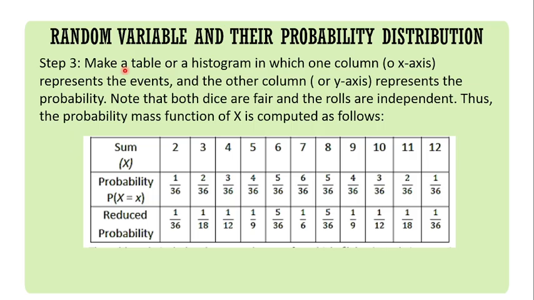Now, let's make a table or a histogram in which one column or x-axis represents the events and the other column or y-axis represents the probability. So, yung x natin is equivalent sa 2, 3, 4, 5, 6, 7, 8, 9, 10, 11, 12. Yung probability niya, saan tayo nagkuha ng 1?